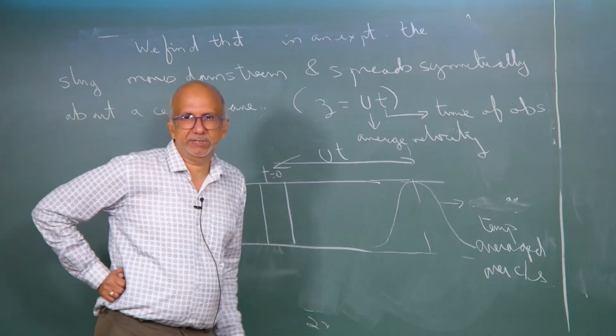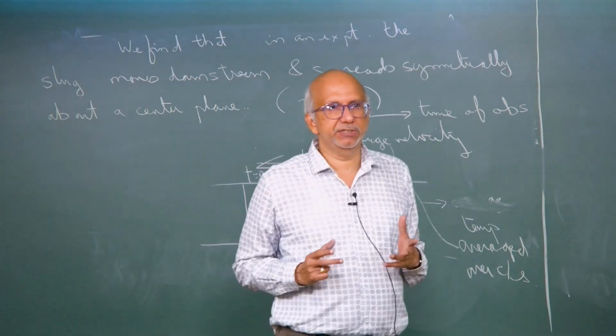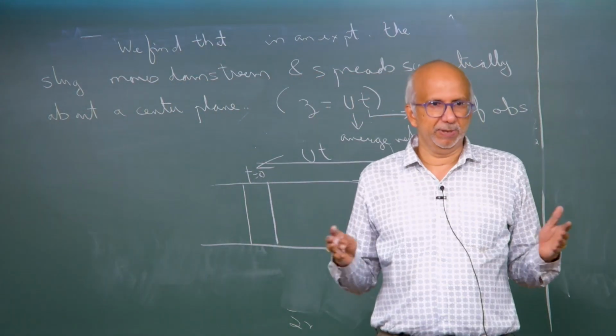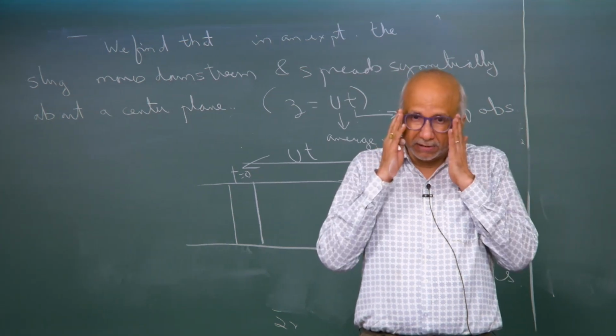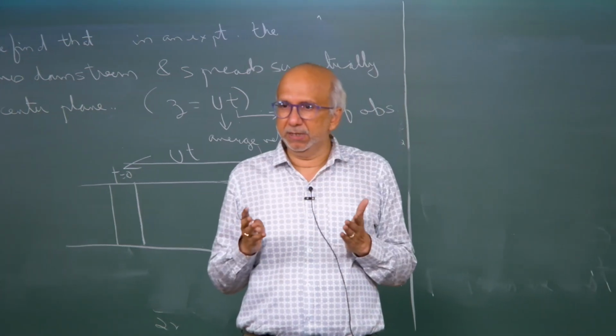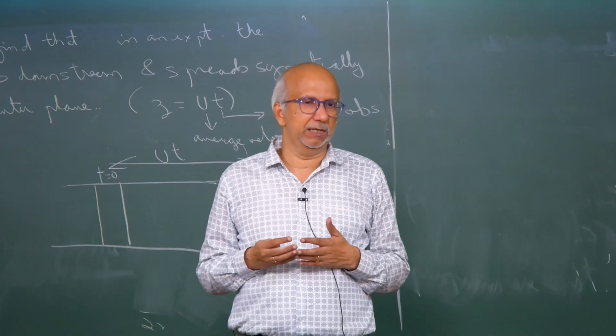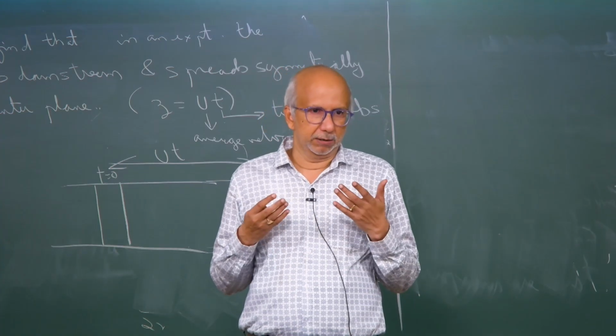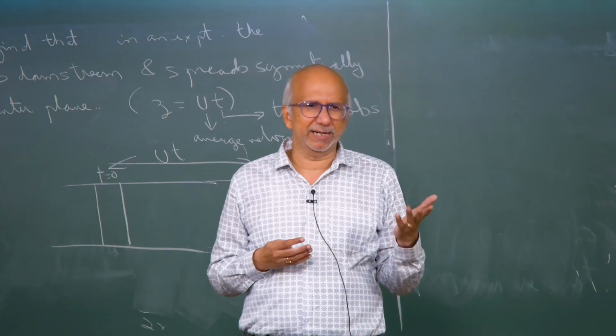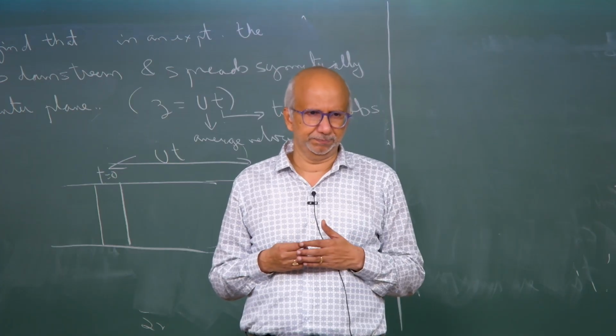So, the average temperature is very symmetric. At least the average temperature is going to be governed by something like a diffusion process, or a convection or conduction process in heat transfer.